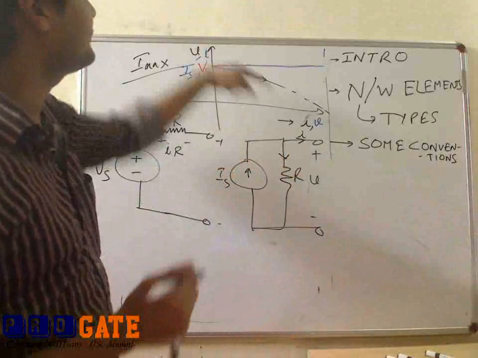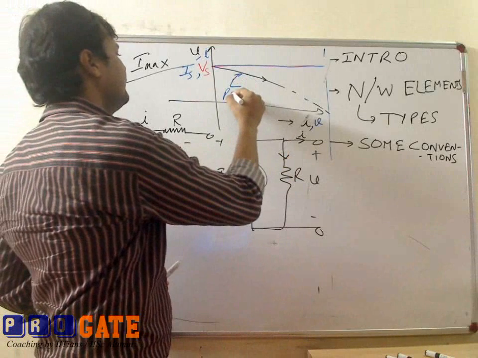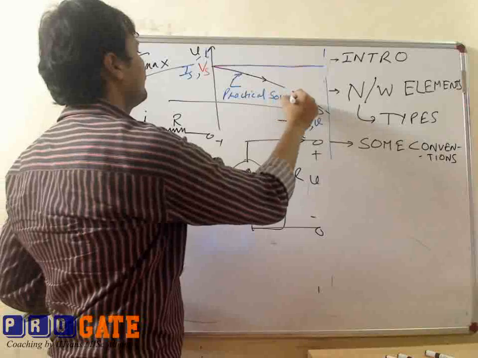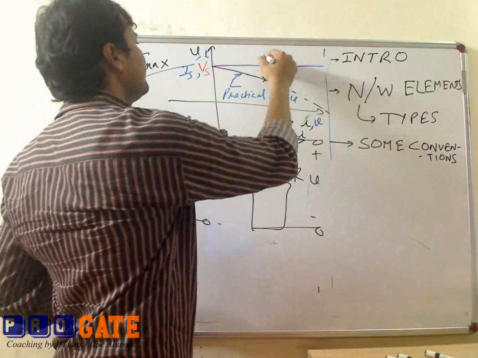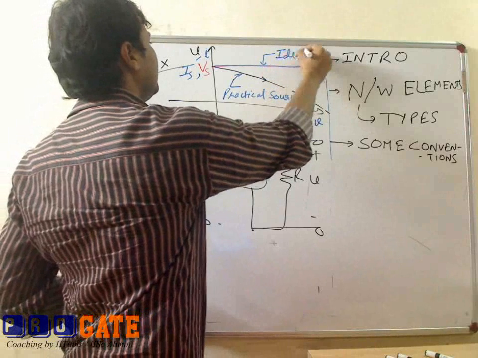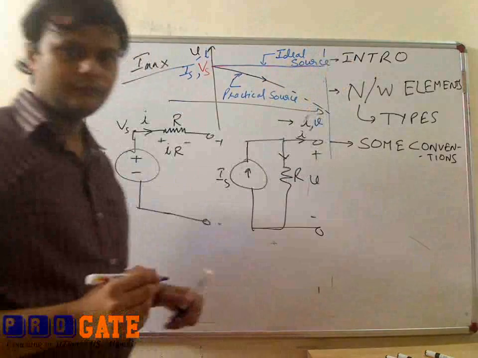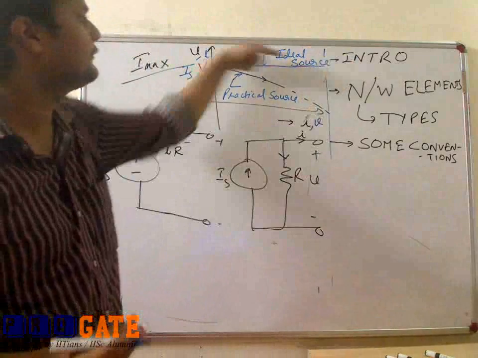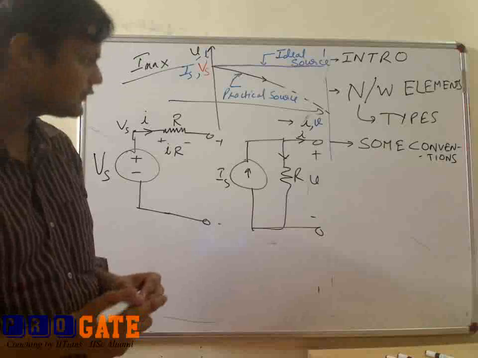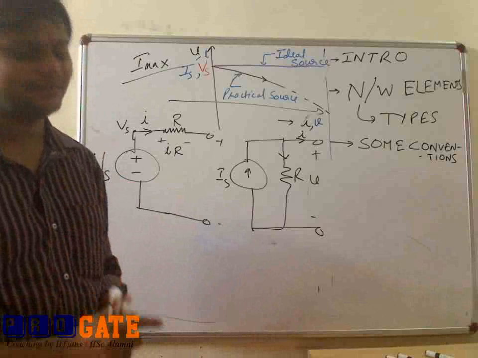So again, this is for practical source, and this is for ideal. This is the ideal source, this constant line, and this is the practical source. So this is one of the limitations of the practical sources.